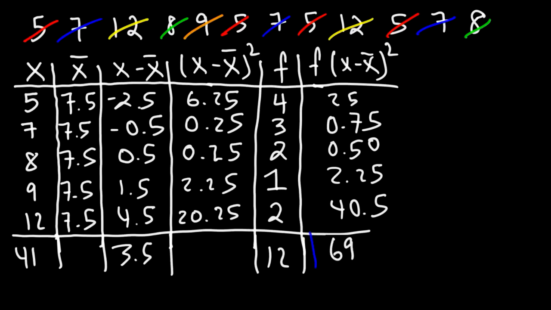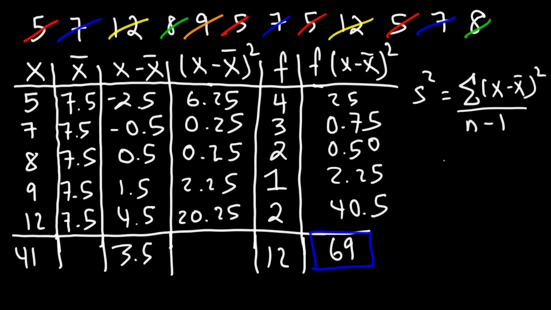So we're going to use this to calculate the variance and the standard deviation. The variance is going to be the sum of all the deviations squared divided by n minus 1, as before. Now, it's important to recognize that this value is not the sum of the deviations we see here. We need to incorporate the frequency if we're going to get the answer right.